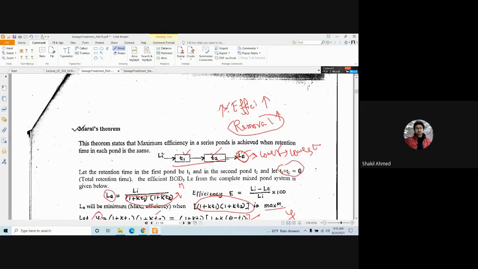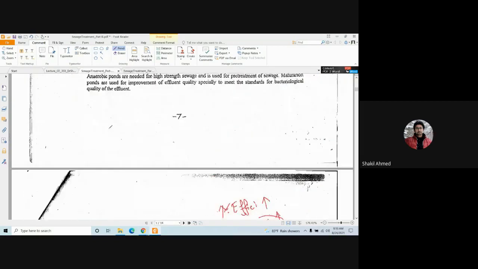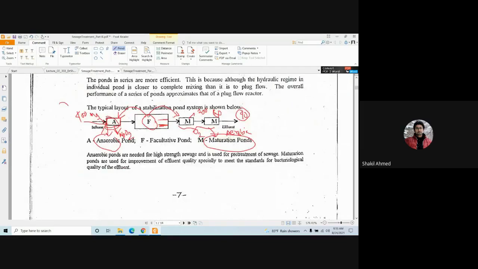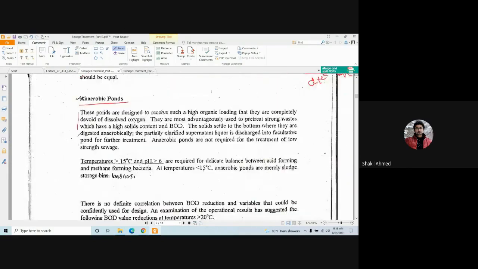That's the overall scenario here. So anaerobic pond, first one, anaerobic one, facultative pond, and maturation pond. In the anaerobic pond, these ponds are designed to receive such a high organic loading that they are completely devoid of oxygen.